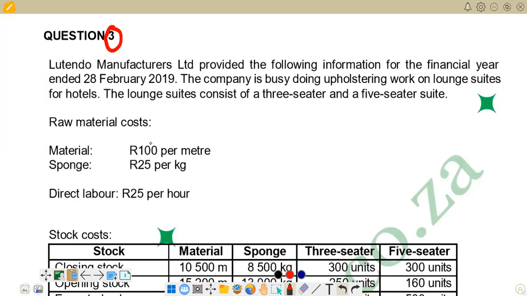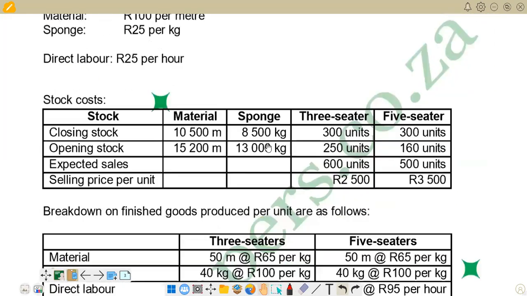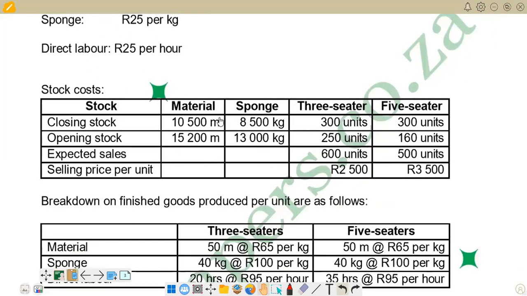Raw material cost: we have material, which is 100 rands per meter, sponge 25 rand per kg, direct labor 25 rand per hour. Beneath that, we are given stock costs, whereby we have columns for stock material, sponge, 3-seater and 5-seater. For the rows, we have closing stock, opening stock, expected sales, and then selling price per unit.